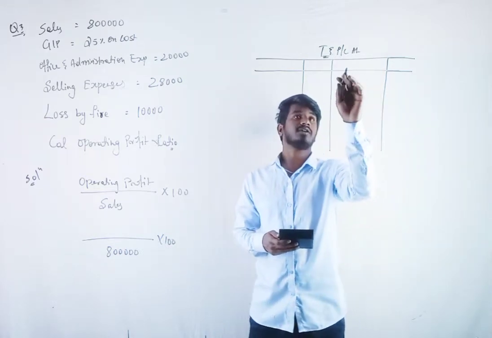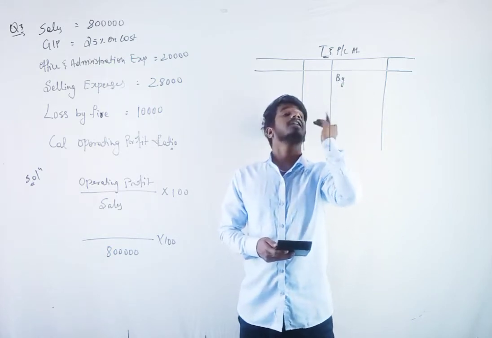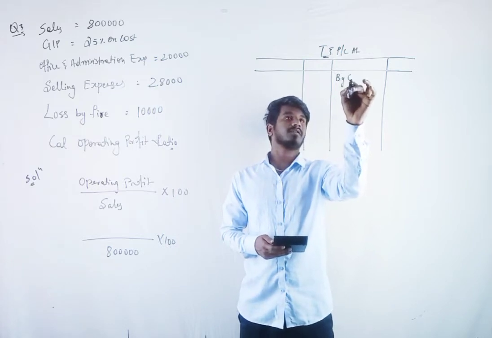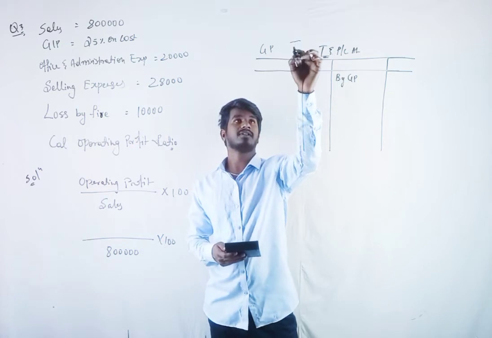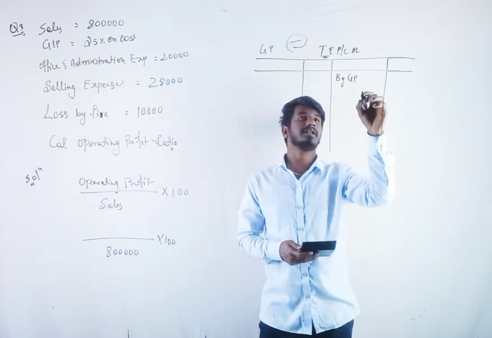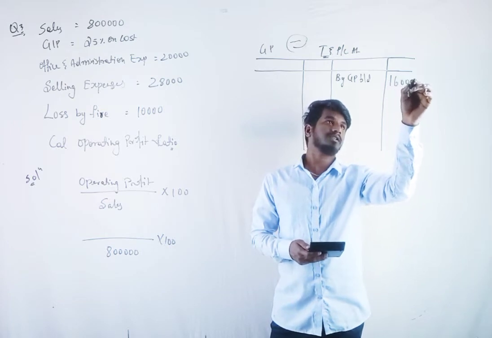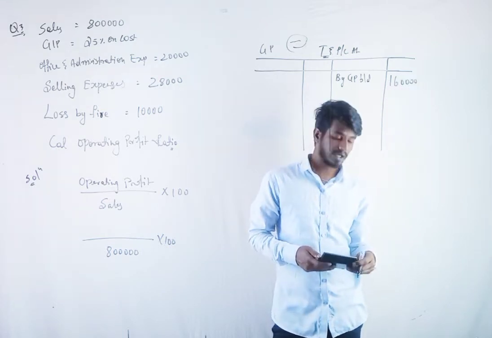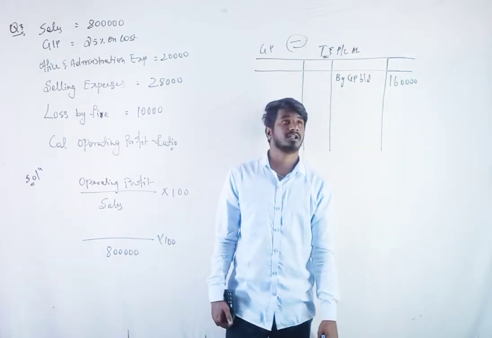We will bring down the gross profit here in the P&L account. How much does it come out? 1,60,000.